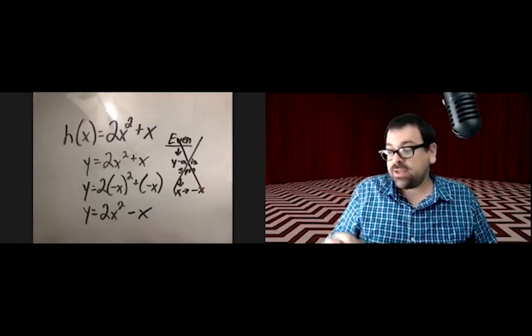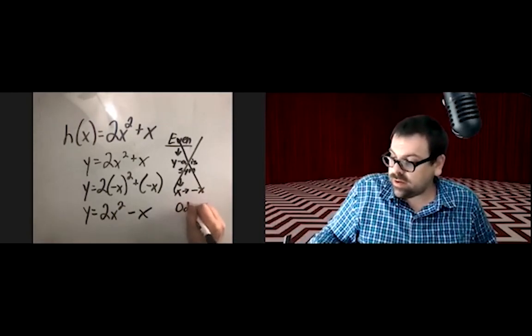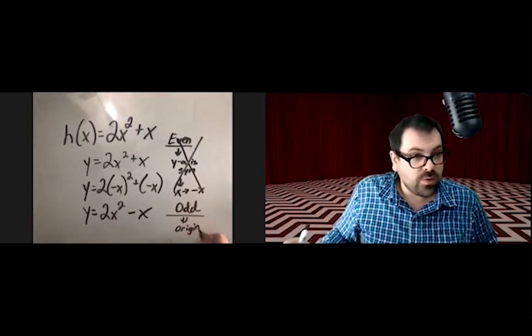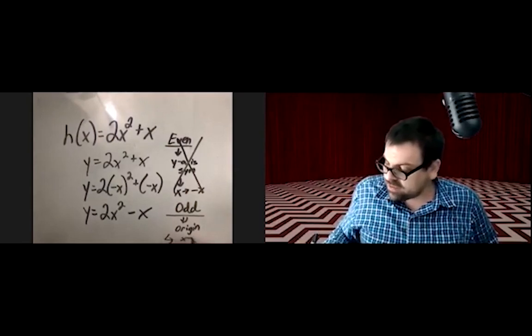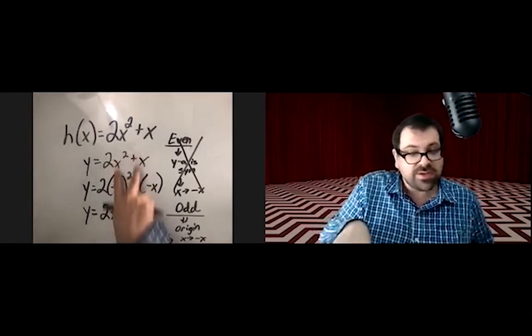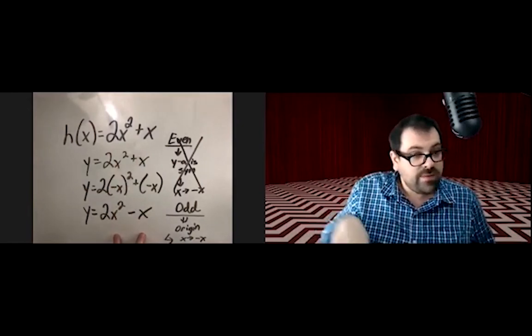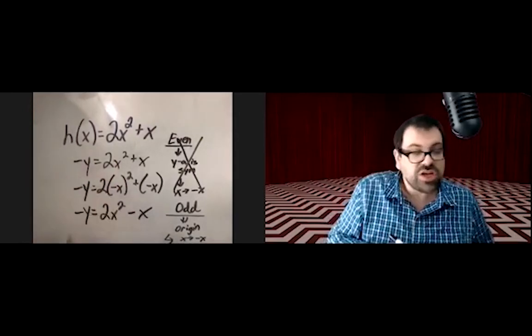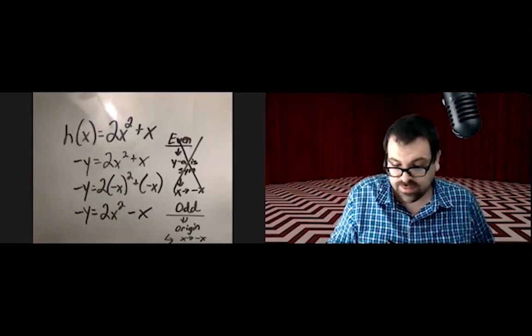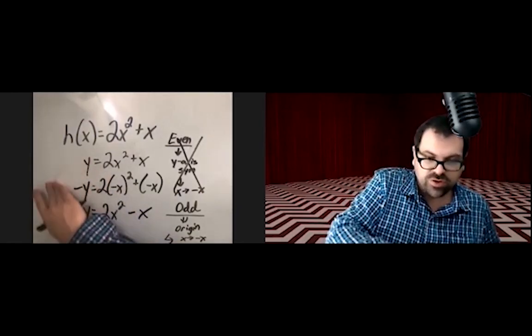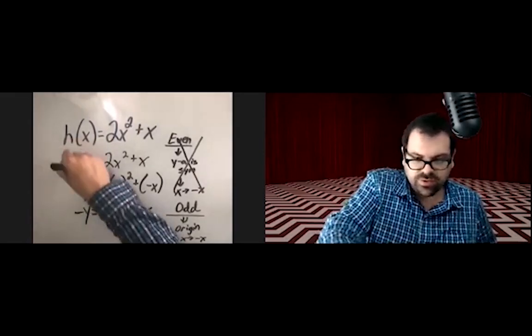For an odd function, getting origin symmetry, which means both x for negative x and y for negative y. Here's our work for negative x already. If I replace everything with negative y, that's just going to change my y side. Now, if I want to solve it for y, whoops, that one there shouldn't be negative. That's our original.